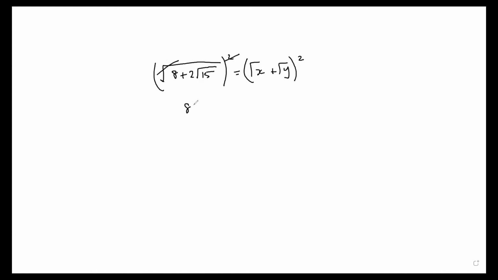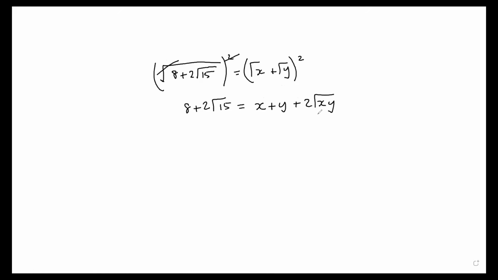So you'll have 8 plus 2 root 15 equals, now if we expand that, we'll get x plus y plus 2 root xy by expanding this part here. So if you can remember that, that's probably a good idea.